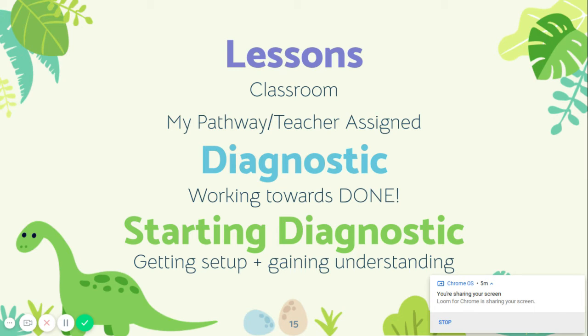Instead, their pathway is going to take things that they're really, really good at, and it's going to say they've tested out of them. And it's going to take things that maybe they need a little bit more help on to be stronger with and work on those things. And it will give them practice and lessons and reteach. And then it will reassess or give them a quiz so that they can show their understanding. Then it will give them the next step, the next chunk of math that's going to help them to be ready for sixth grade math. So that lessons place is where we're going to have the most different individualized stuff going on for each student. Okay?